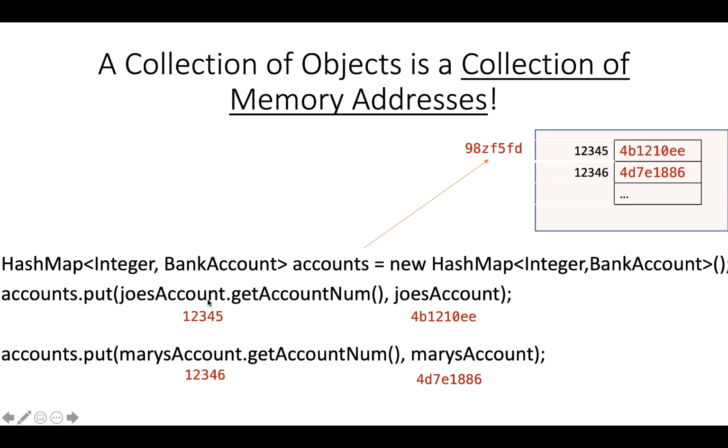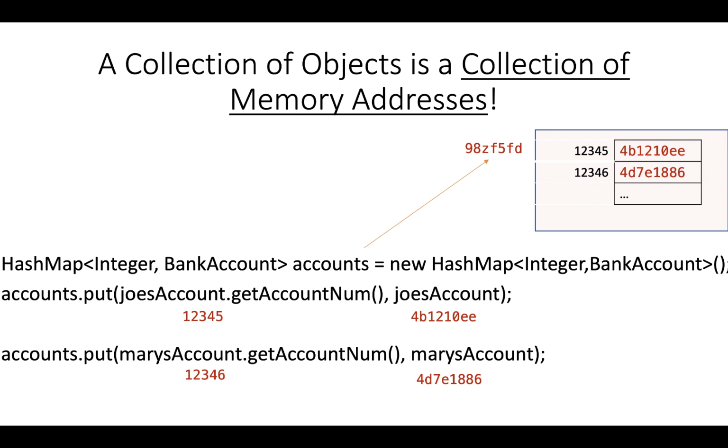I'm going to just use that same bank account object, .getAccountNumber, to get the account number out, and then feed it right back in as an argument. I'm going to do the same thing with Mary here. I'm not just going to put her address in where all of her information is stored, but I'm going to give it a key of her account number, which was 12346.